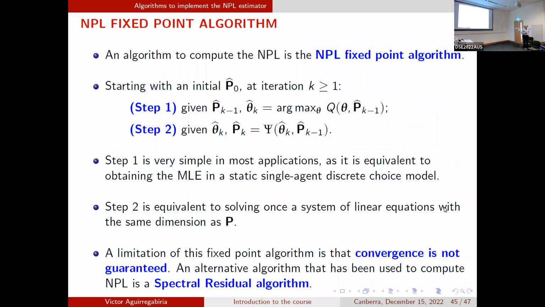Okay, I'm not sure if I understand your concern. Of course, given theta, we are going to have multiple p's that solve the fixed point problem, definitely. But here we are not in a step 2, we are not iterating up to convergence. In a step 2, we are making just one iteration.